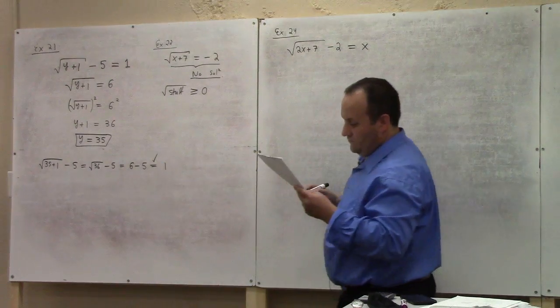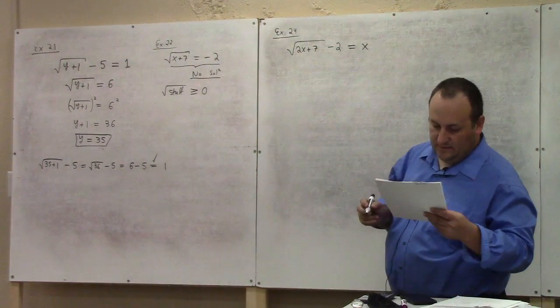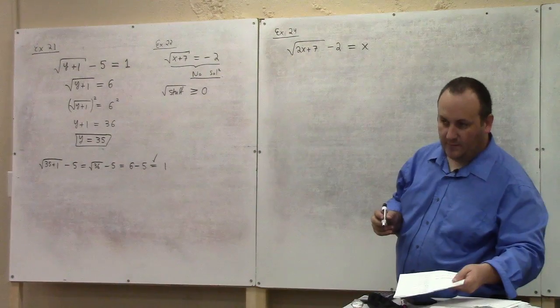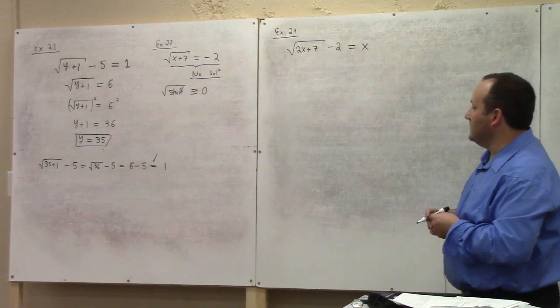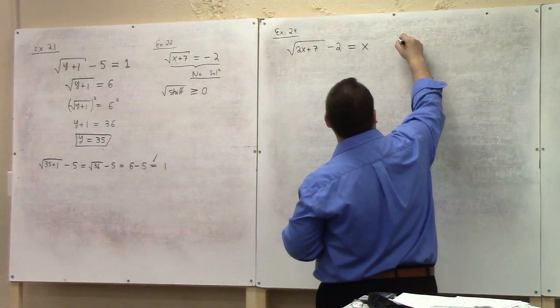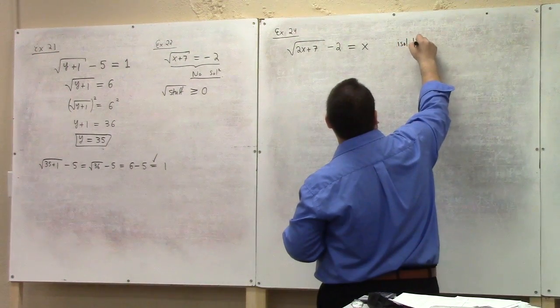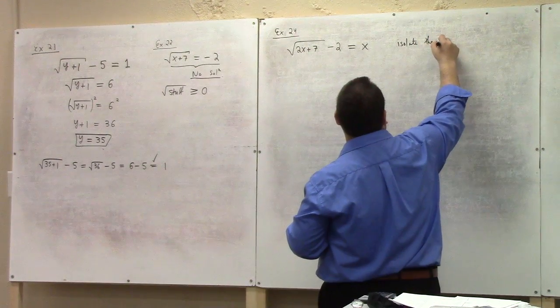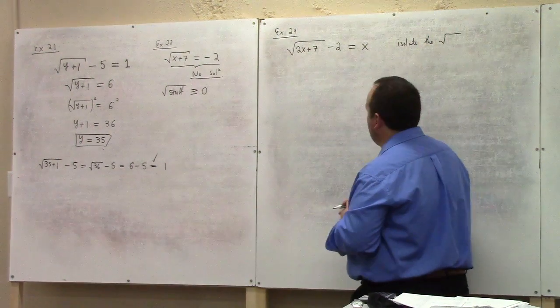So something you want to do in these problems is to isolate the radical. That's the first thing we want to try to do. Isolate the radical. Isolate the square root term.